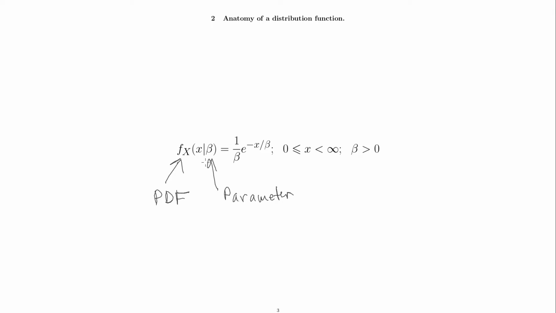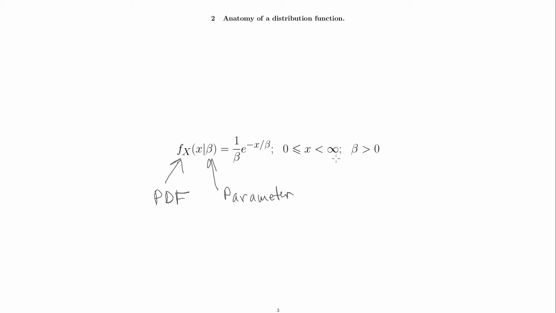And what this means is that for any given random variable, this beta is going to be a constant, which defines the properties that I mentioned. But it also means that you can have multiple random variables that have different values for beta. And we'll see what this means later when we look at this particular distribution function with different values of beta.